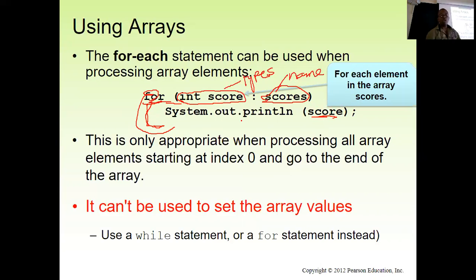And then we have a colon and then the name of the array. And then we must be aware that whatever name we give to that type here, that variable is going to now be holding the current value based on the current index that we're at. So we can use it and do something. And in this case, all we're doing is printing it out.